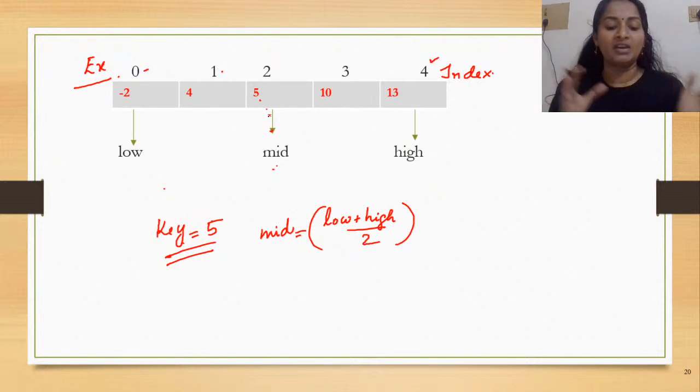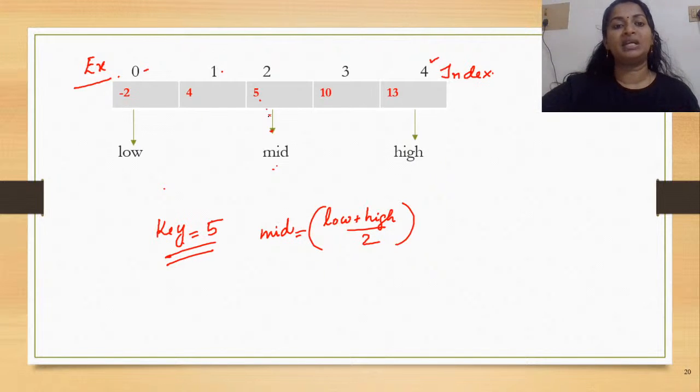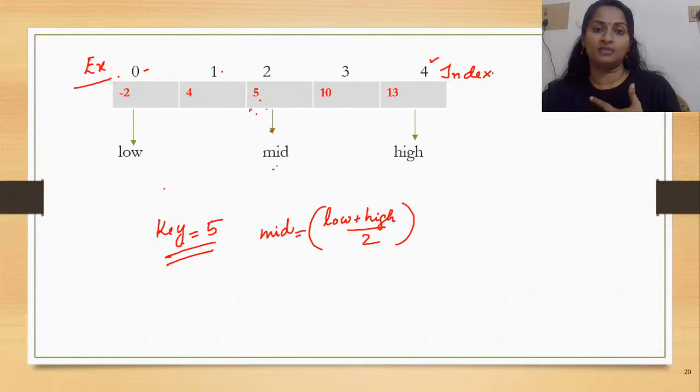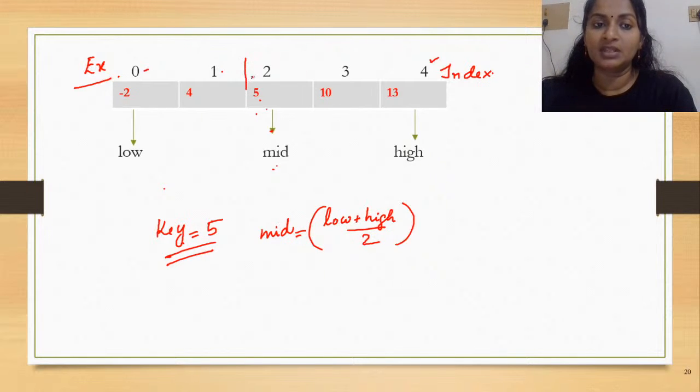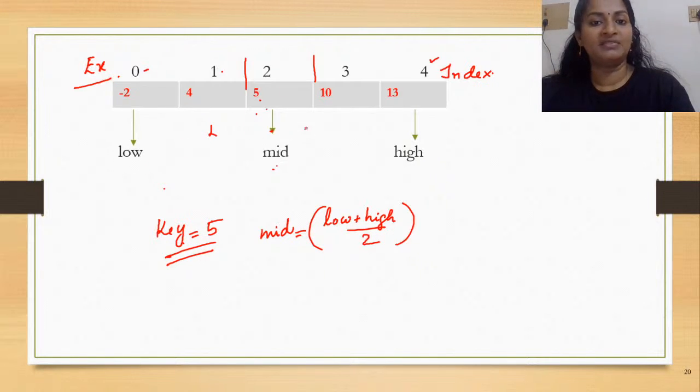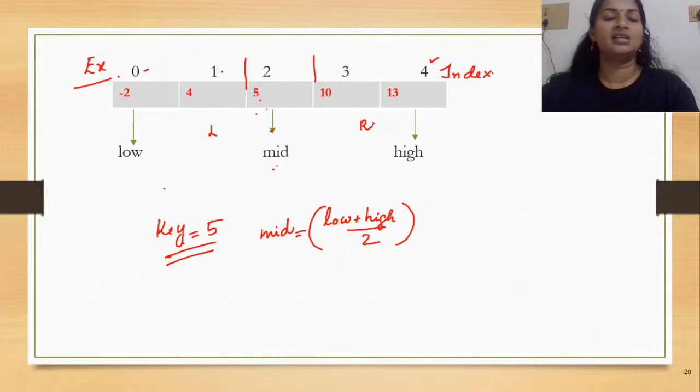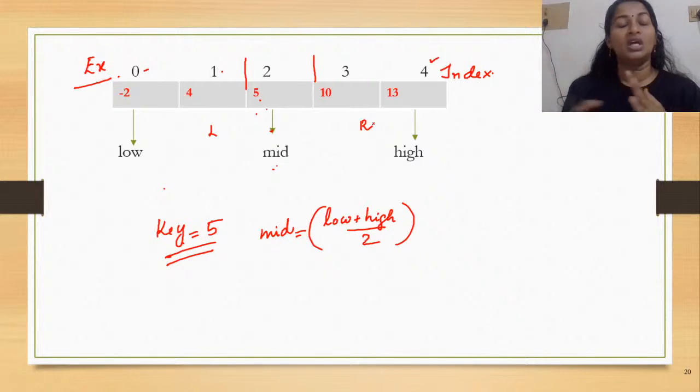Now you have to refocus your search either to the left of the middle element or to the right of the middle element. Since you're dividing from the mid position, you actually have two portions of your list. One is the left side of your mid value and the other is the right side of your mid value.